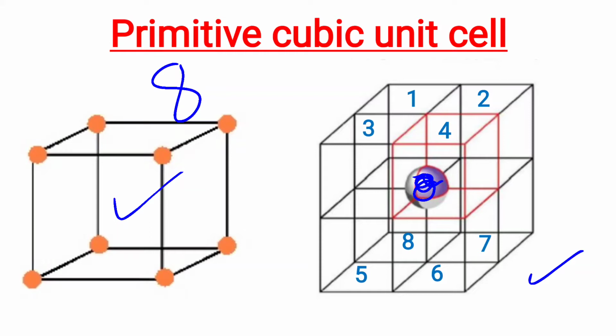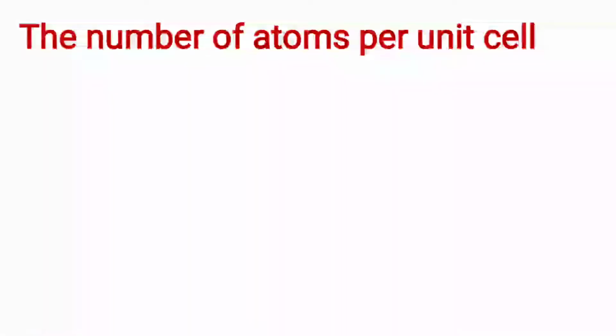So that corner atom has been shared between 8 unit cells. So 1/8 portion of the atom is all that belongs to a unit cell, right? The entire atom does not belong to the unit cell. Only 1/8 portion of that atom belongs to that unit cell. Getting that? Now it's time to calculate.